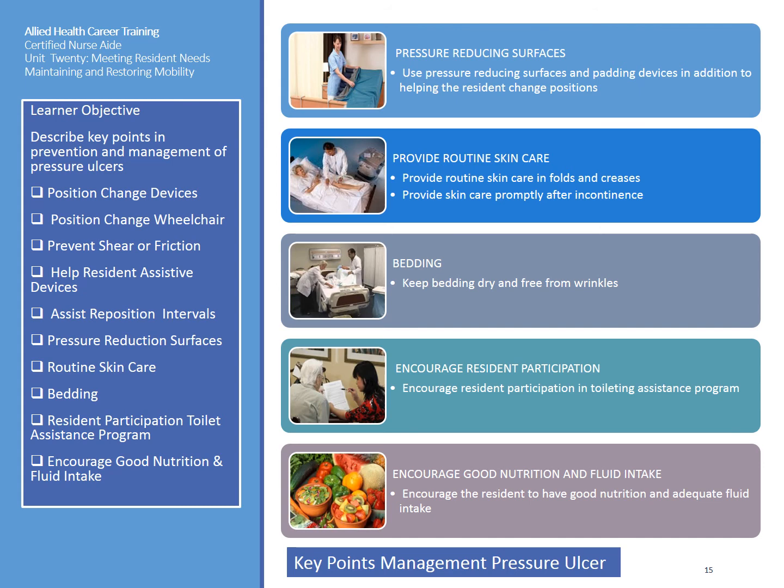Provide good skin care promptly after the resident has been incontinent. That is very important. Usually we do what's called a check and change for people that are incontinent. And what that means is every 2 hours we check them to see if they need to be changed. And if so, we do so.